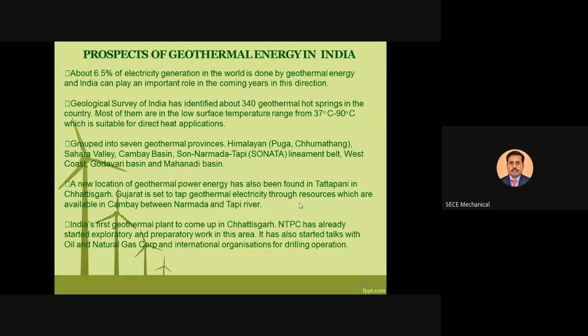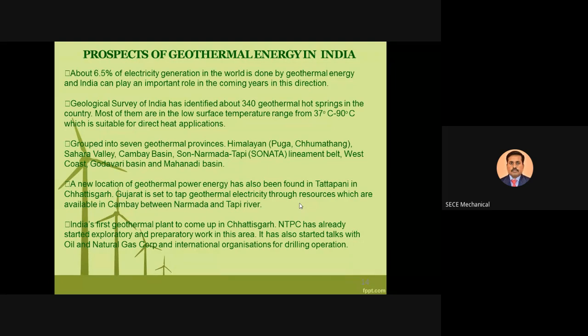Most of them are at low surface temperature, ranging from 37 to 90 degrees, which is suitable for direct heat application. They are grouped into 7 thermal provinces: Himalayas, Cambay Basin, Sohana Valley, Narmada-Tapti region, West Coast areas, Godavari basin, and Mahanadi basin.